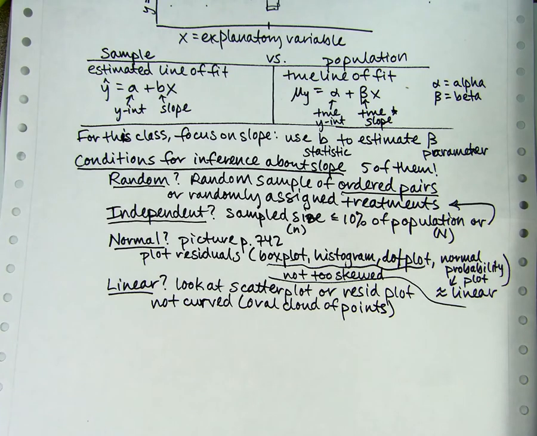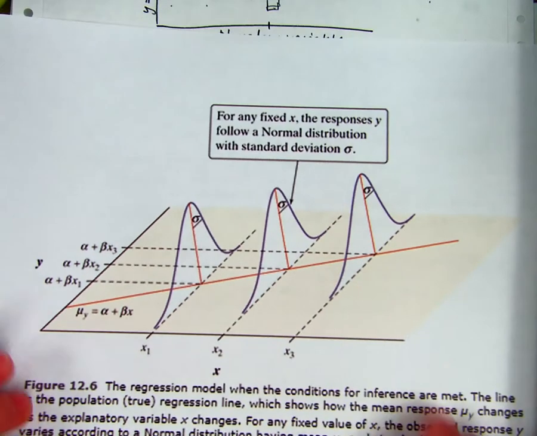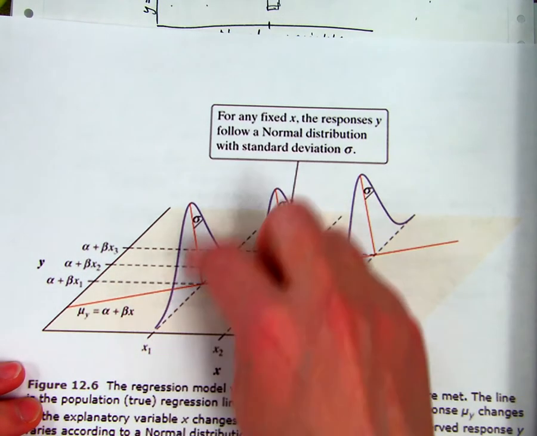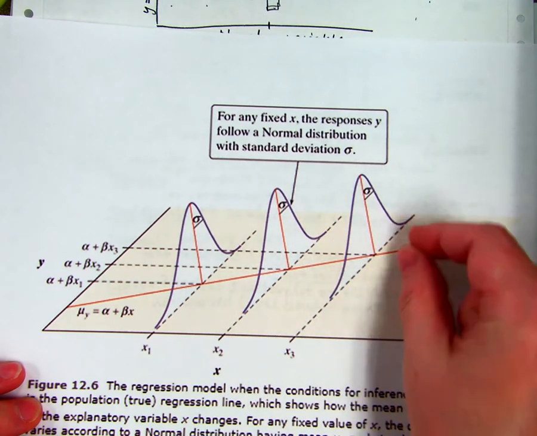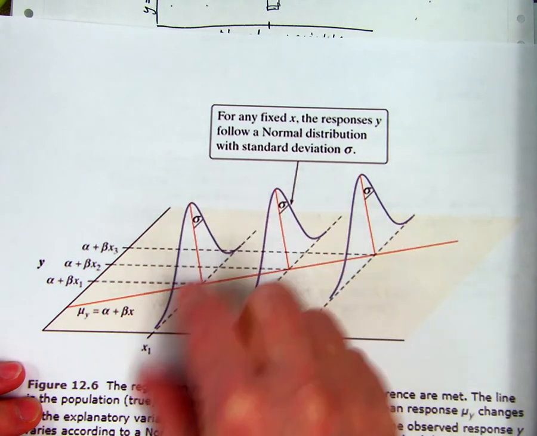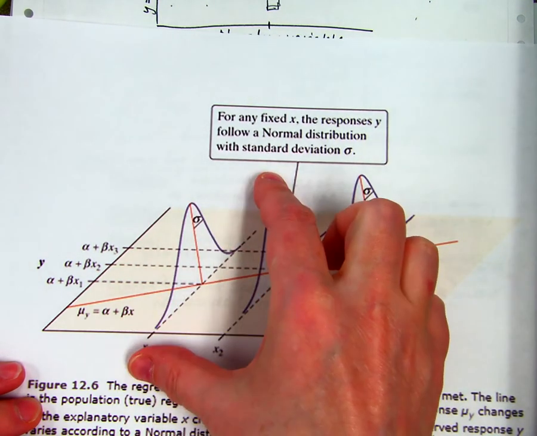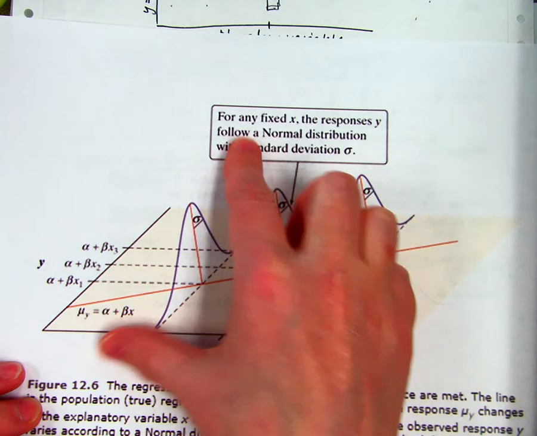And then the last one is also not as obvious, but it goes back to this picture again. When you're looking at these normal curves that happen for every x value, we also want them all to be about the same width, about the same standard deviation on all of them. Because if some of them are really wide and some of them are really narrow, that kind of messes up our calculations.